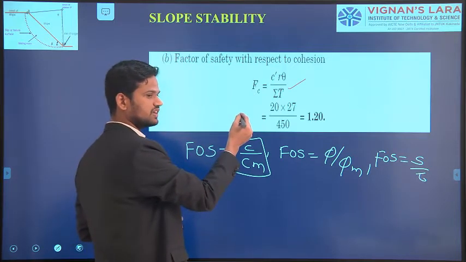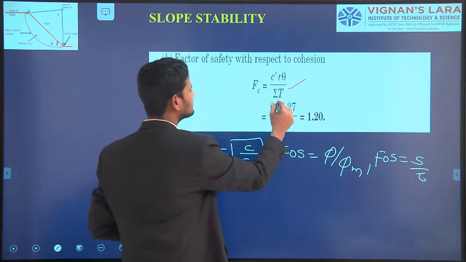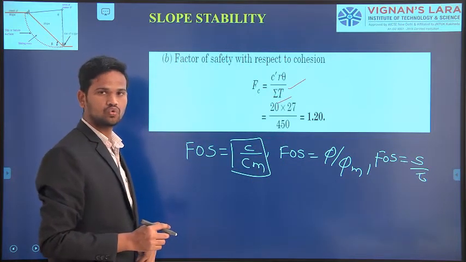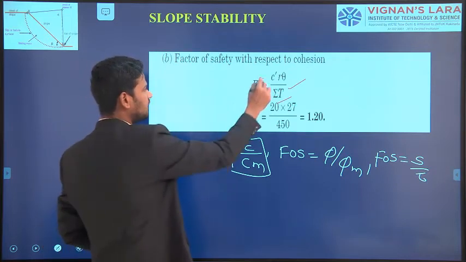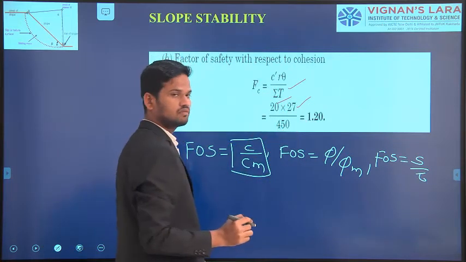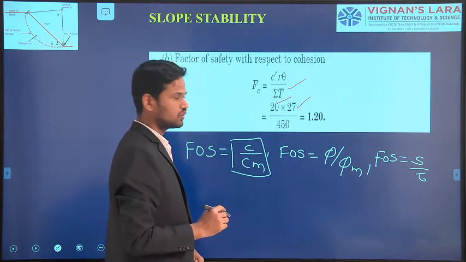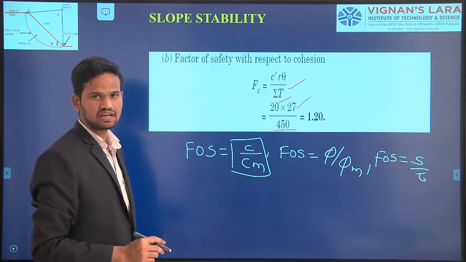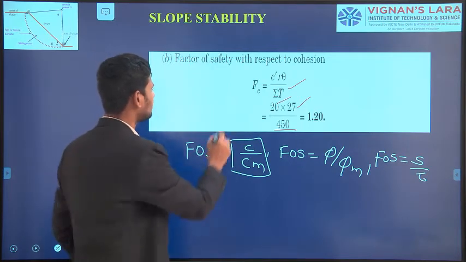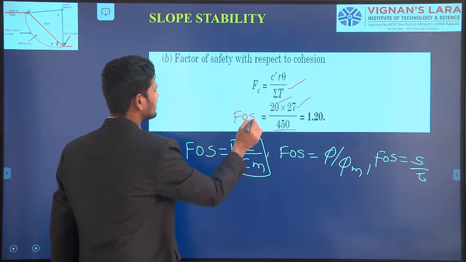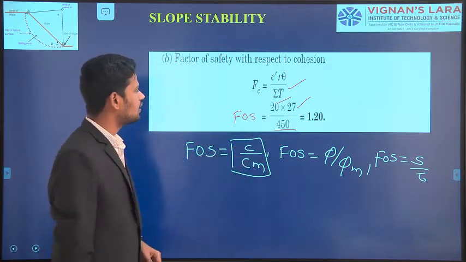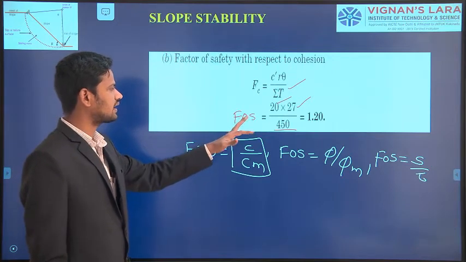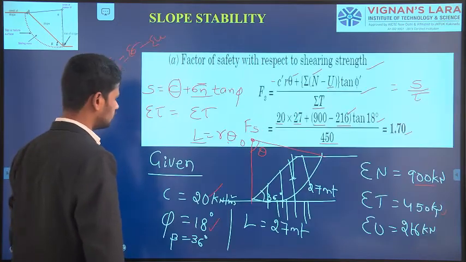Again, from the data given in the problem, C dash is the cohesion of the soil mass, given as 20 kN per meter square, and r theta is the length of the arc, given in the problem itself as 27, divided by 450, the shear force acting on the soil mass. If you substitute here, the factor of safety of the soil mass with respect to cohesion is 1.20.